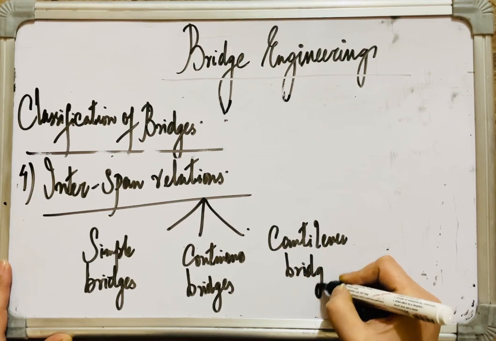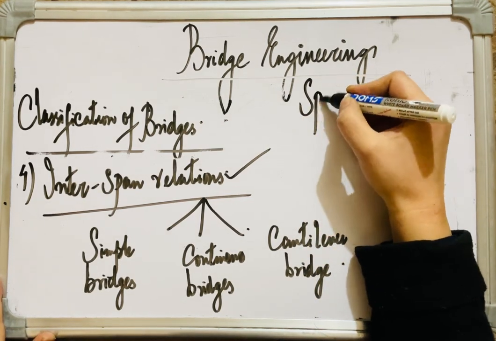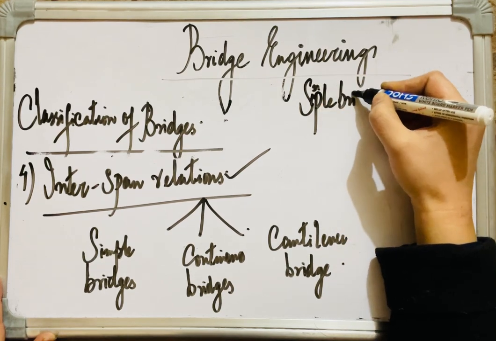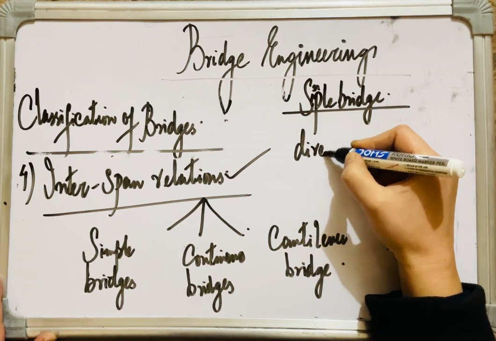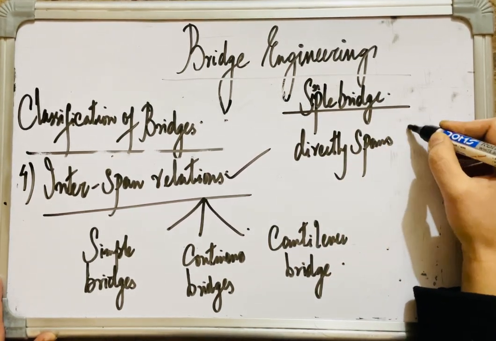This is essentially a classification based on the interspan relations. Alright, so the simple bridge spans directly between two supports. Let me write it over here, simple bridge is that type of a bridge which directly spans between two supports.